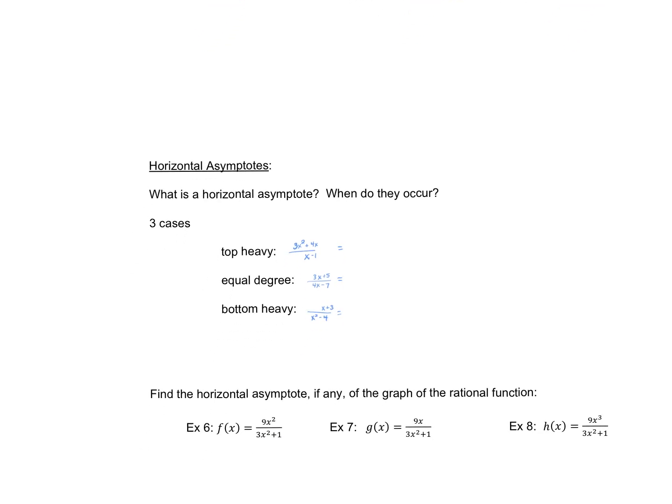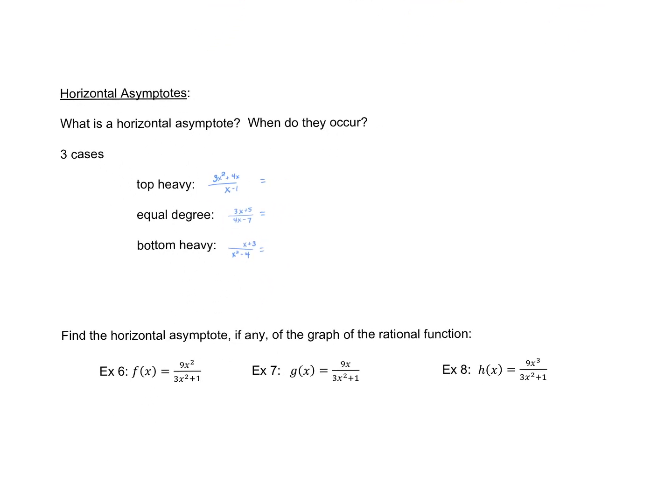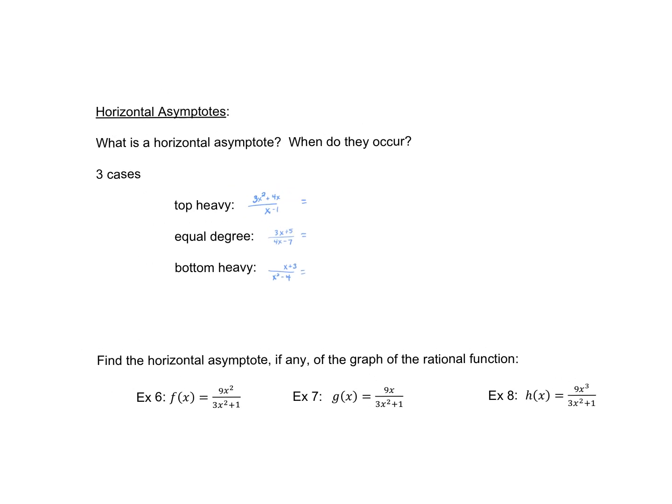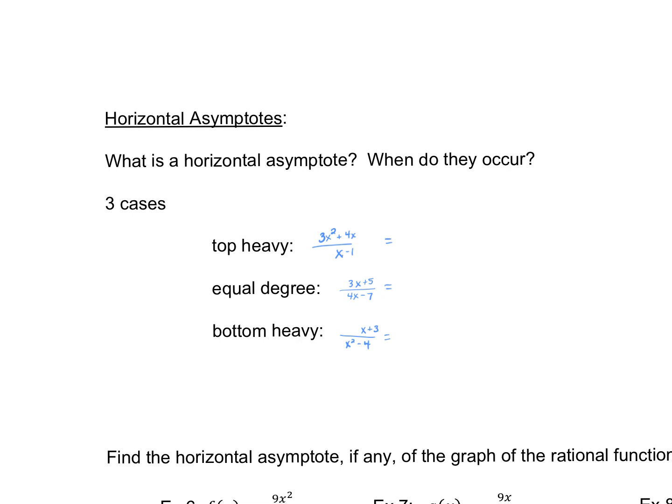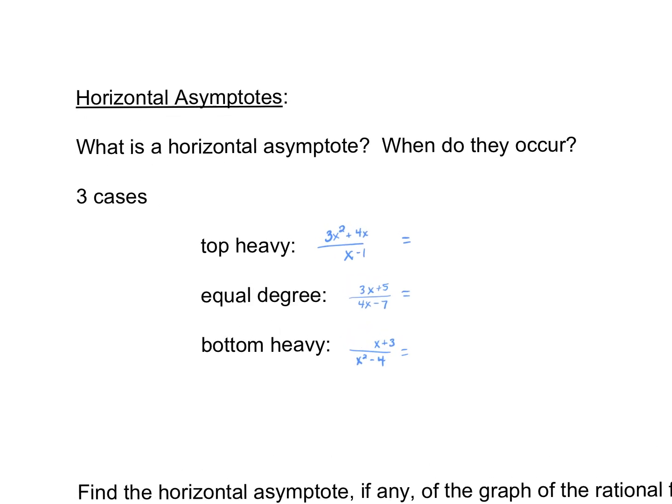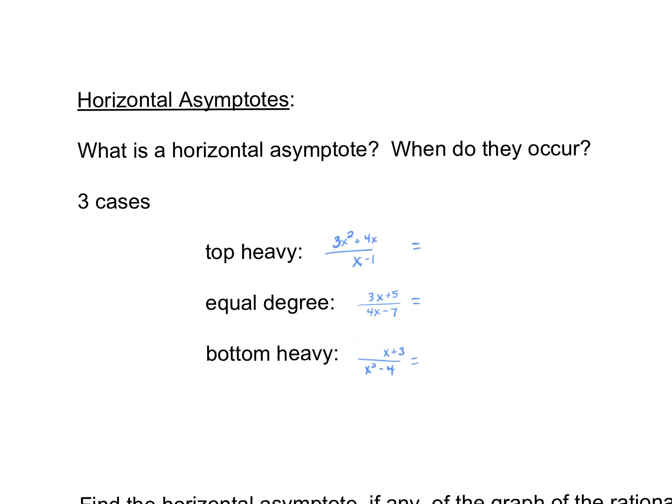We need to talk about horizontal asymptotes as well, because that's another part of the graph. So horizontal asymptotes, the graph will approach and get closer and closer and closer to horizontal asymptotes. We're going to look at 3 different situations, 3 different cases that happen to help us determine if there are horizontal asymptotes.